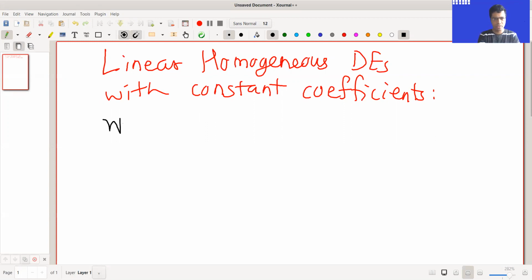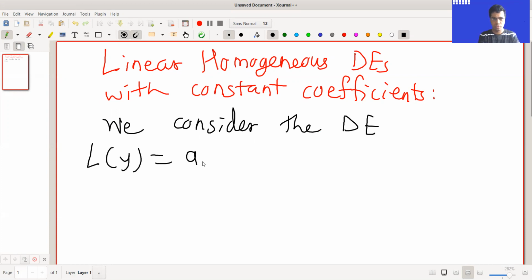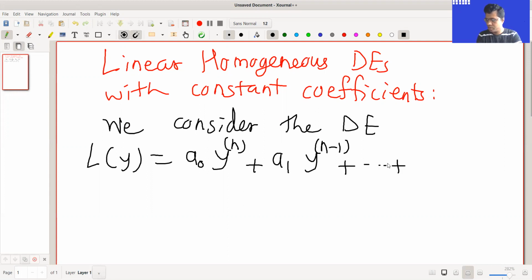So we consider the differential equation L of y equal to a0 into the nth derivative of y plus a1 into the (n minus 1) order derivative of y, and so on, plus a(n minus 1) y dash plus an y equal to 0.